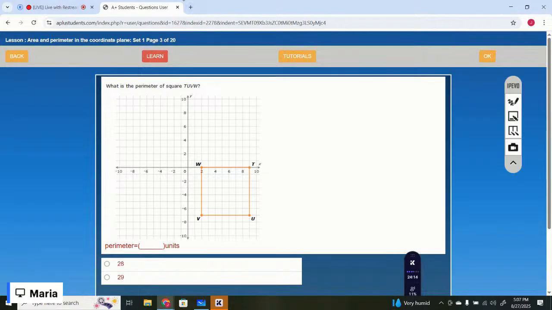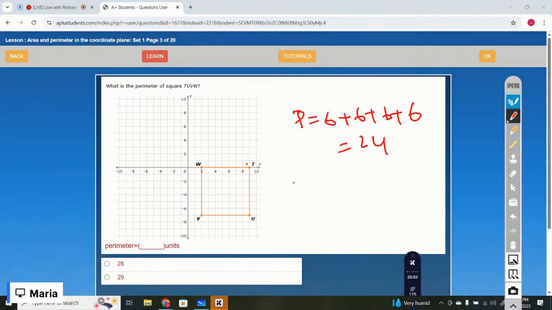What is the perimeter of the square TUVW? So we need to calculate the side length.